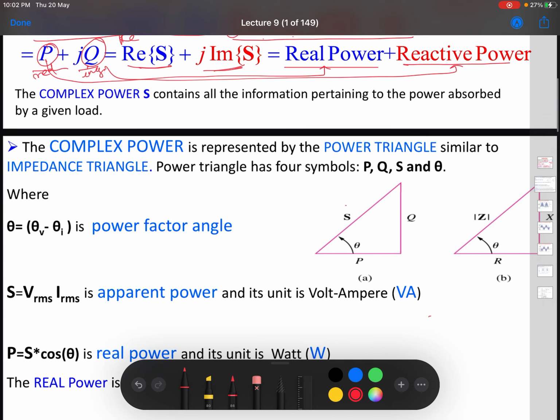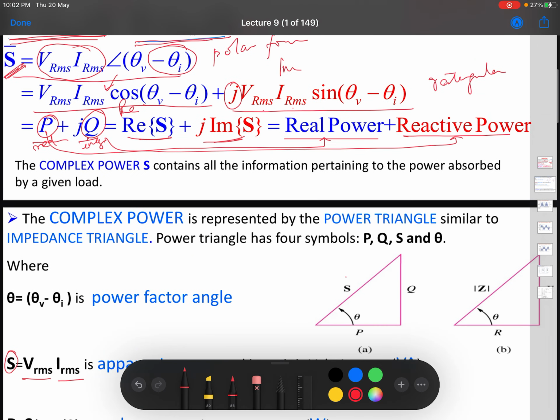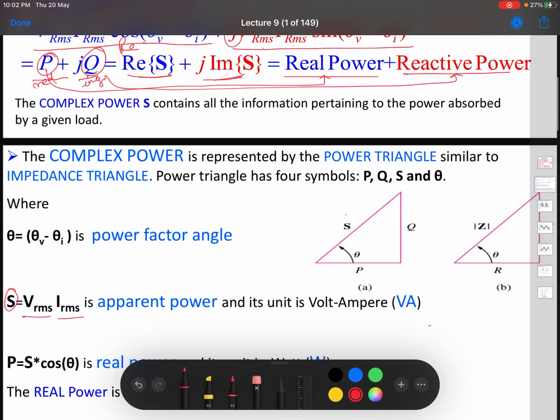If you see this, we call S the multiplication of V RMS into I RMS. This part is in phasor form, but this has a magnitude kind of value. So V RMS into I RMS is called the apparent power, and it has units of volt into ampere.